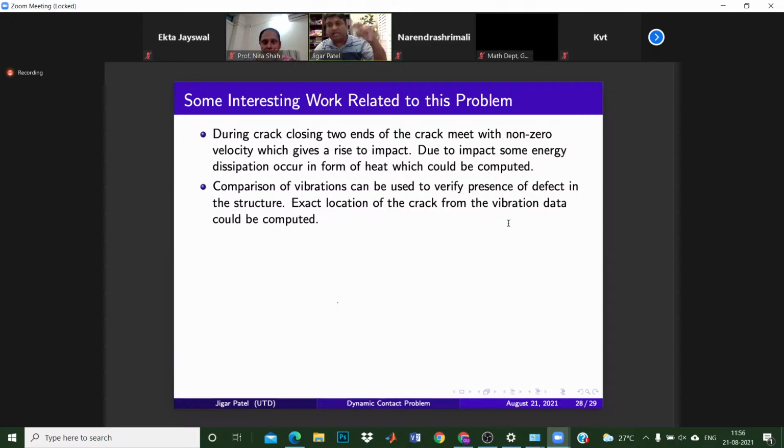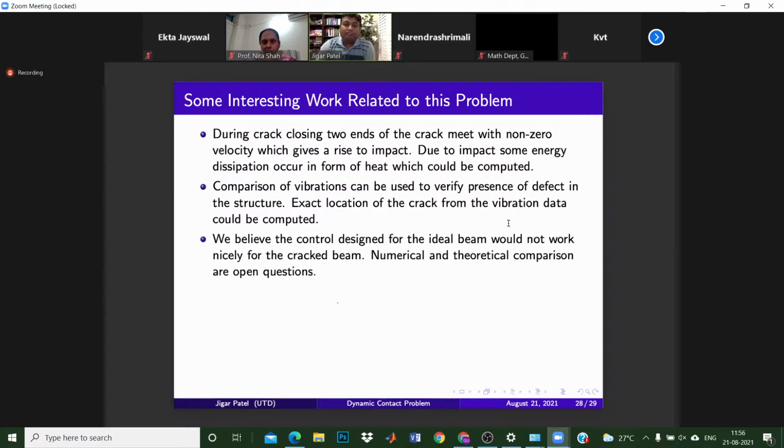This is really the inverse problem of what I did, which is technically slightly more rigorous. As I said, control can be designed, right? So control design for an ideal beam obviously is not going to work for a crack beam, right?